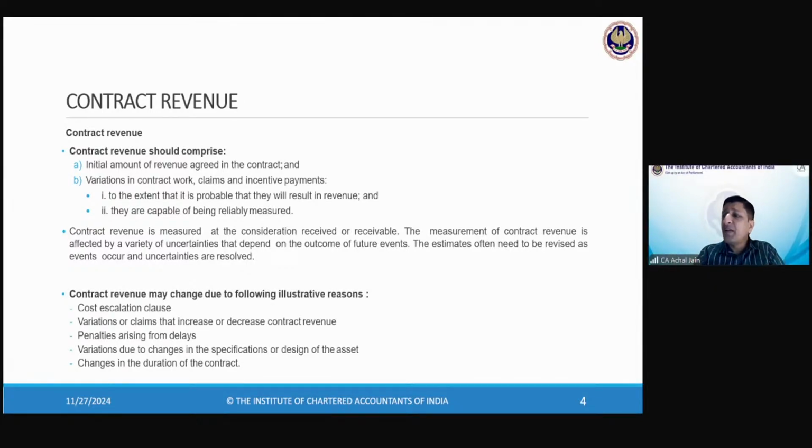So say for example, the initial amount agreed in the contract is say 5 crore to begin with. So initially when the two parties entered into the contract, the contractor and the customer, what was the amount involved? 5 crore. That is what you call the initial amount of revenue agreed in the contract.